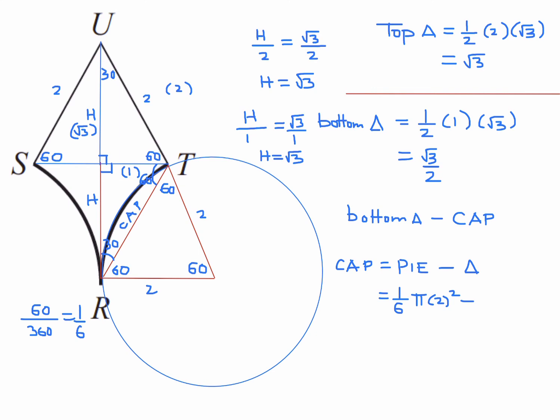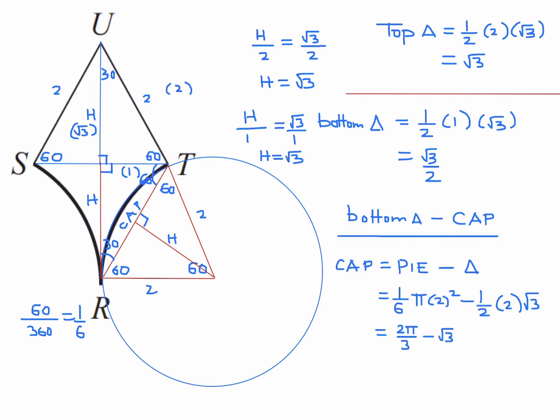Just as we did before, you can drop a perpendicular and figure out the height right here. So it would be 1/2 base, which is 2 since it's equilateral, and height you can easily get from the 30-60-90 relationship like we did twice already, and that was going to be √3 for the height. So this is going to be 4 pi over 6, so 2 pi over 3 minus √3.